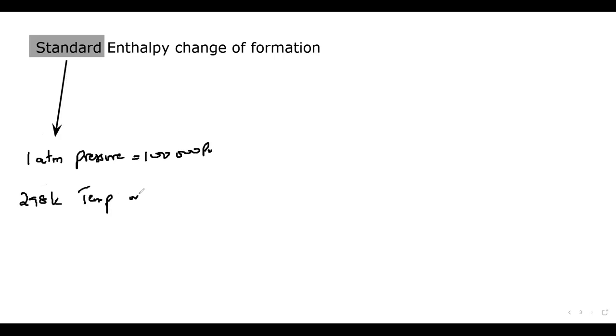So the concept of standard means the enthalpy change is calculated at a pressure of 1 atm, a temperature of 298 Kelvin, a concentration of 1 mole per dm cube, and all the elements must be in the standard state.